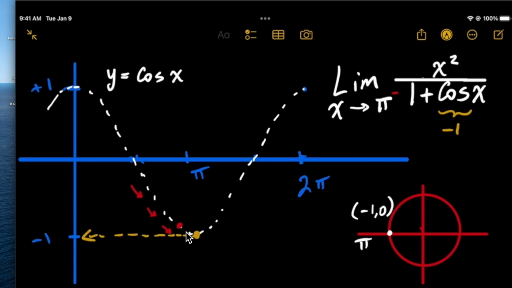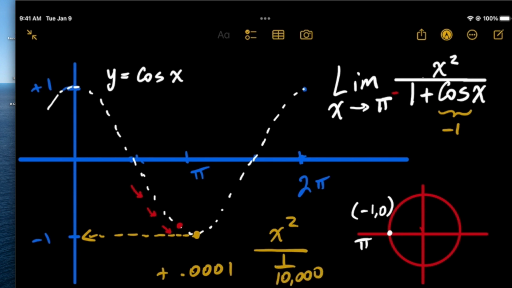So if you have -0.999 and you add it to 1, you're going to have a positive, very, very small number like so. And whenever you have this very, very small number in the denominator, you're going to have this, x squared over, if you were to say this out loud, this is 1/10,000th.